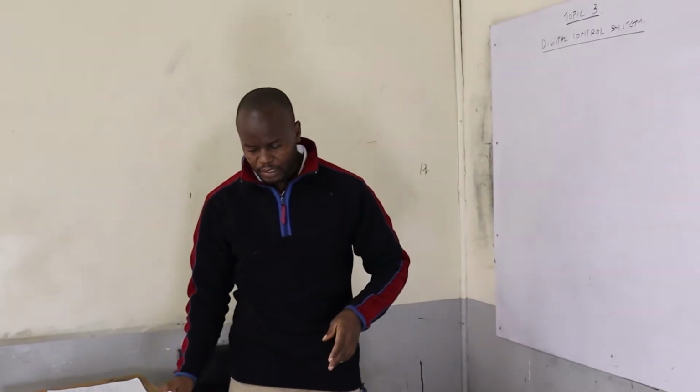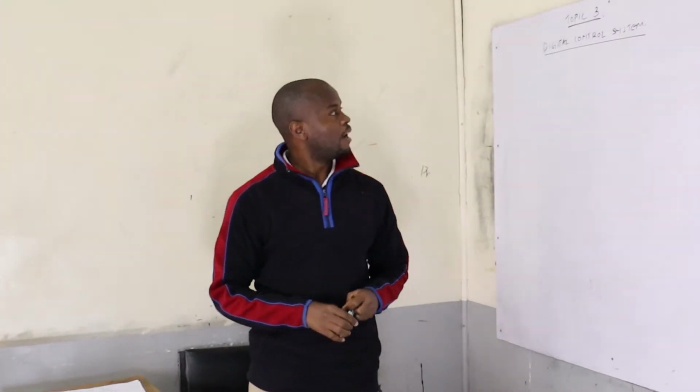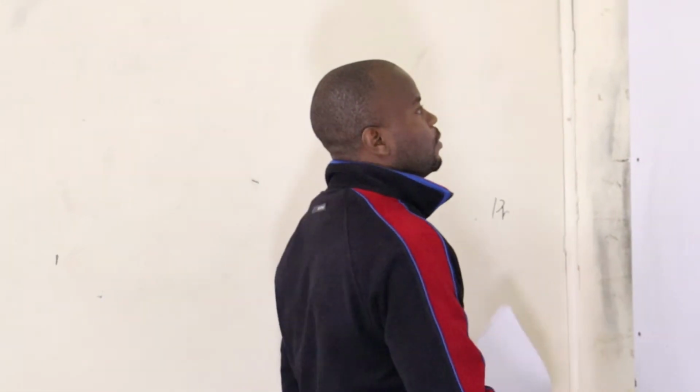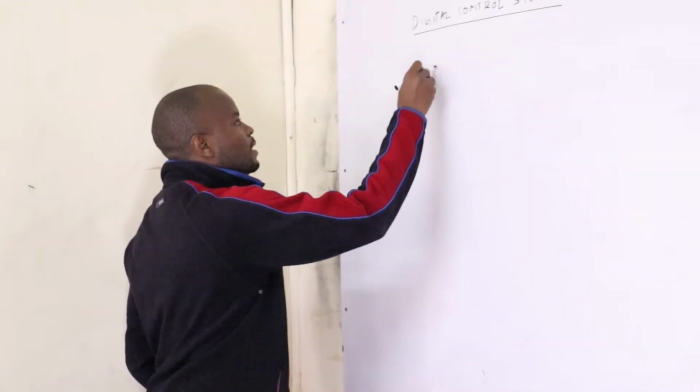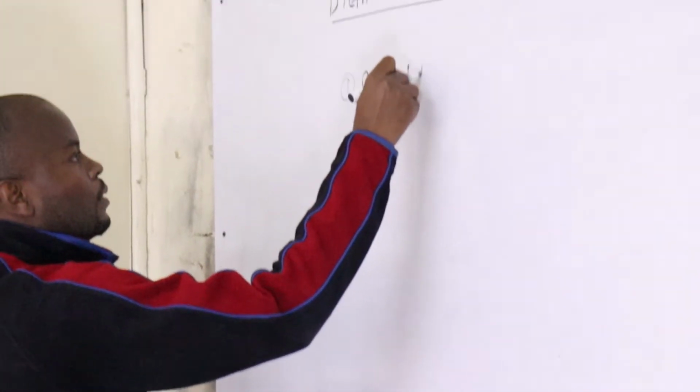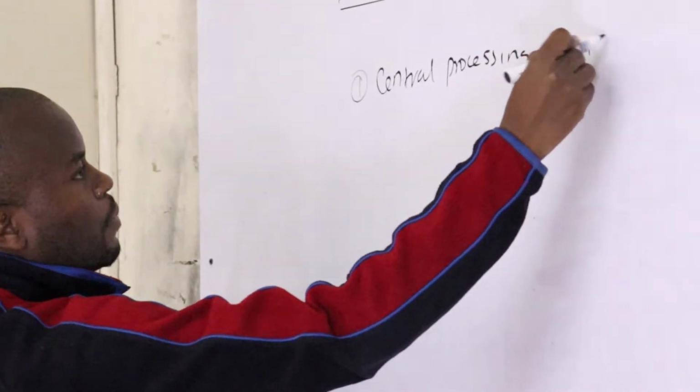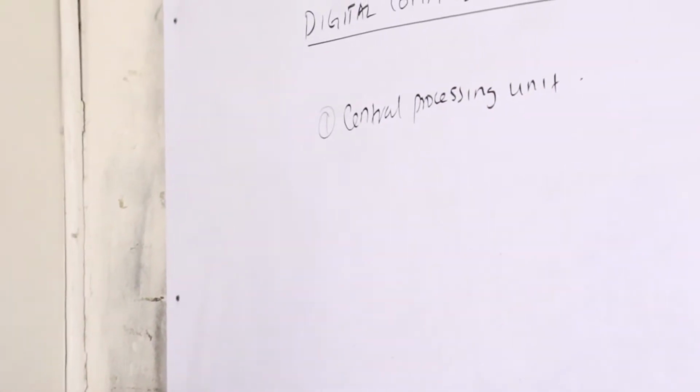The digital control system usually uses a computer, a digital computer, and a digital computer consists of three major components. One of them is the central processing unit. We also have the program and data.